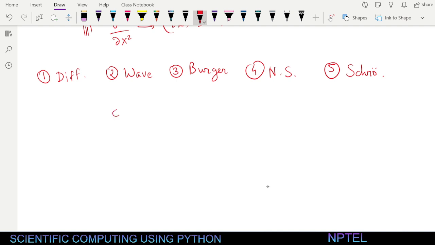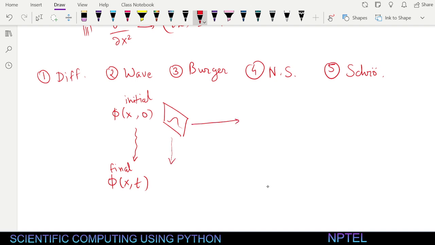You have some phi of x comma 0, initial, and you want to go to phi of x comma t. This is your final, and this is in real space. In real space you have some phi of x, and you want to find what happens after time t, but the way you do it is through some diversion.